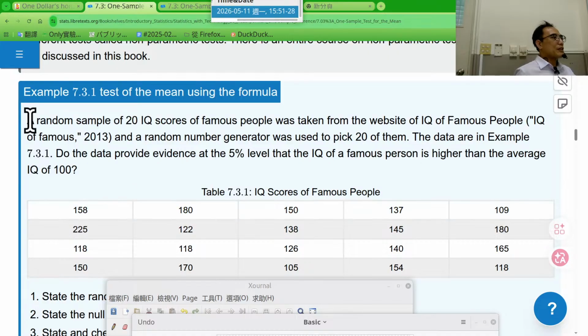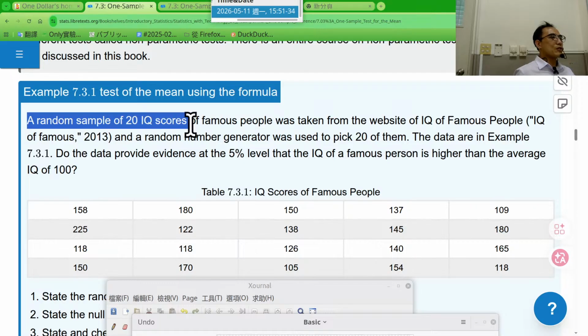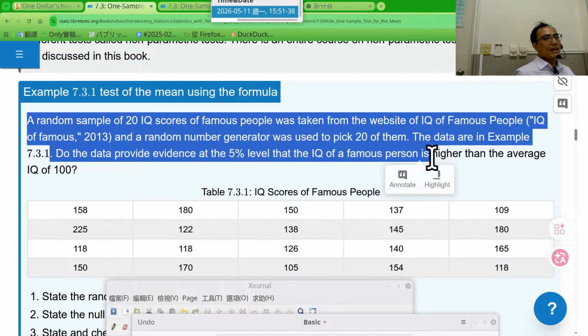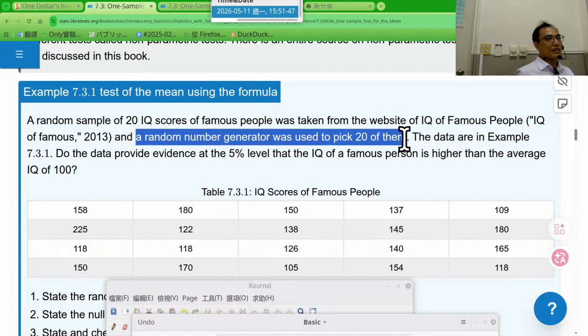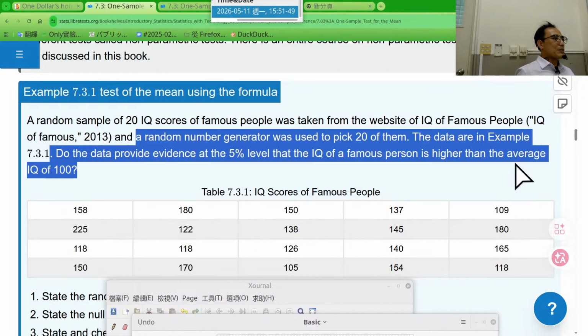Example 7.3.1. A random sample of 20 IQ scores of famous people was taken from the website of famous people's IQs. A random number generator was used to pick 20 of them. The data example is here.